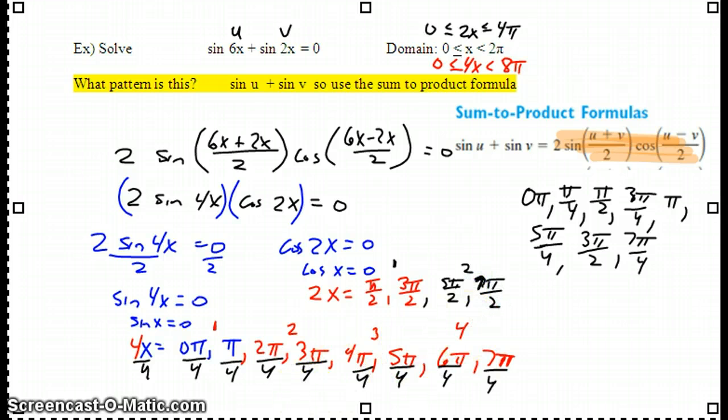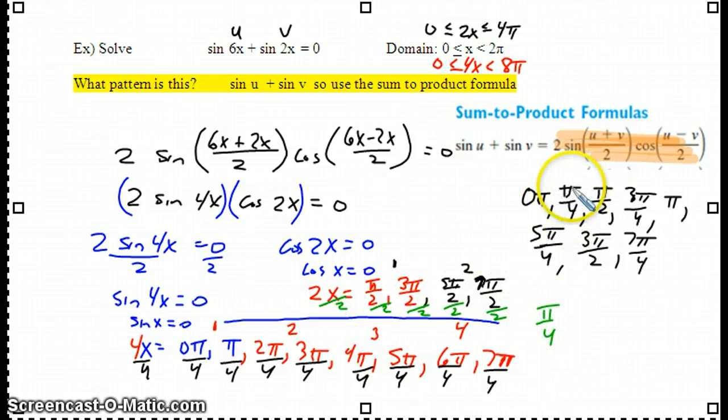But again, this is what 2x is. I only want what x is. So I've got to go through and divide all of these angles by 2. Doing that, pi over 2 divided by 2 is pi over 4. I've already listed that as part of my answer, so I don't have to include it again. 3 pi over 2, divided by 2 is 3 pi over 4.